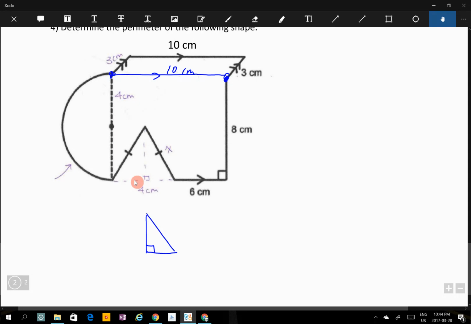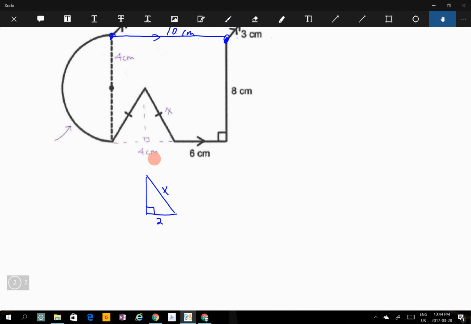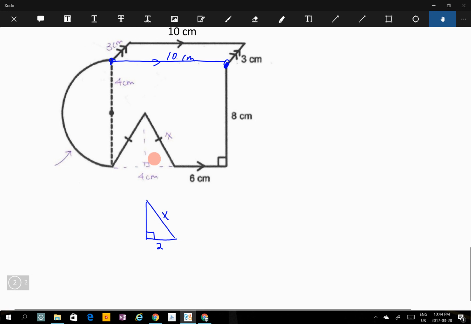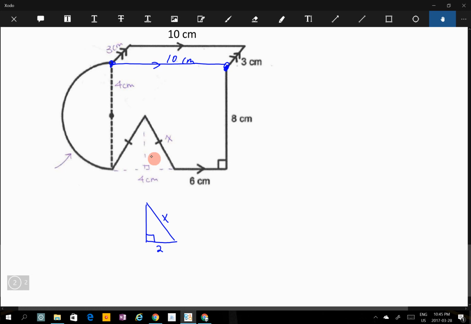Okay, so again, we divided this triangle in two. So instead of 4 centimeters down here, I'm going to have 2 centimeters, and I have x up here. And what's missing now is this height.